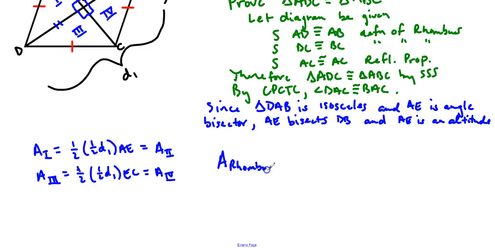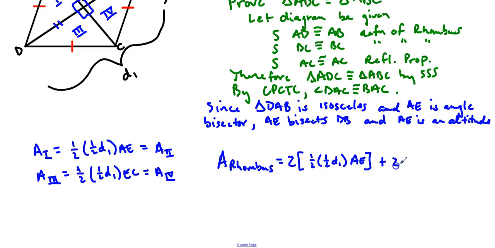Alright, the area of the whole thing. That whole thing is a rhombus. It's going to be the sum of these. So we've got 2 of the first one, so area of 1 and area of 2. 2 times 1/2 times 1/2 D1 times AE. That's the first part.